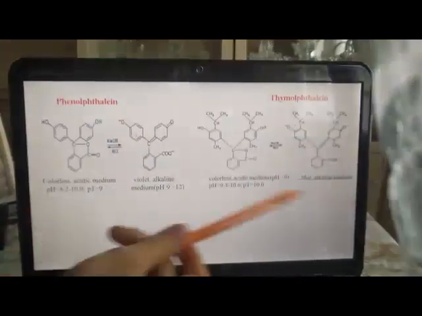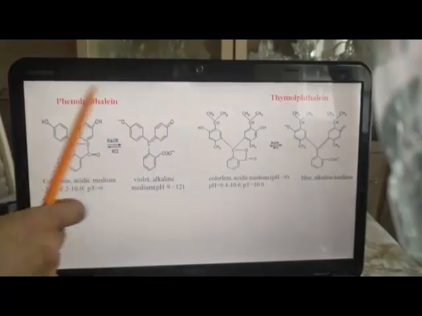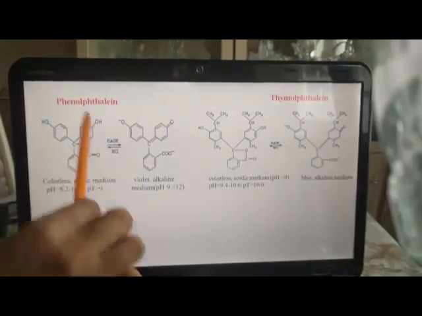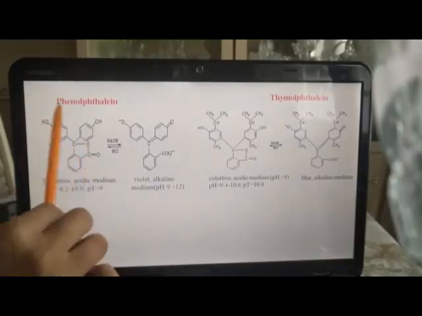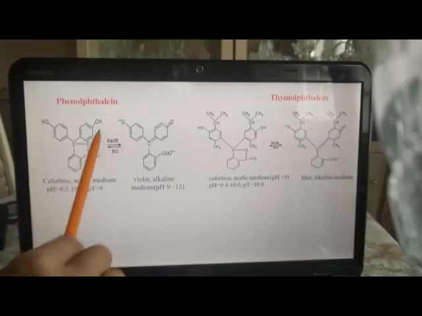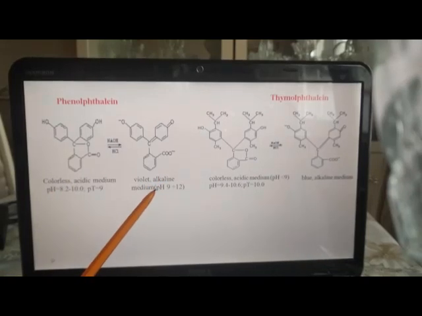In the picture we can see the chemical structure formula of phenolphthalein in acidic medium. The form of phenolphthalein in acidic medium is colorless, and after titration at the equivalent point in alkaline medium it's violet.